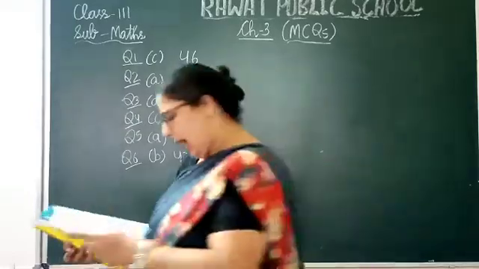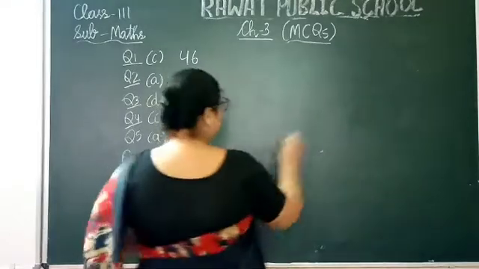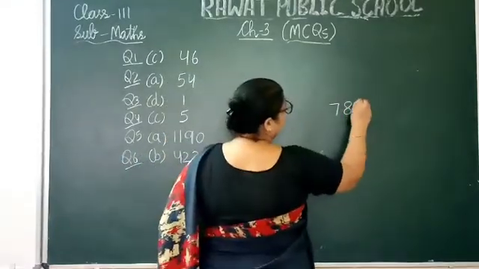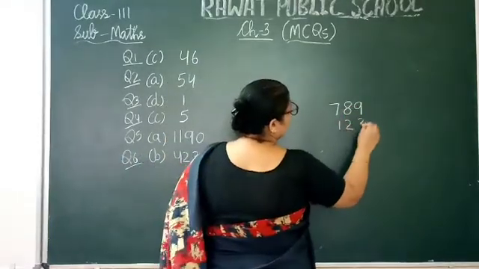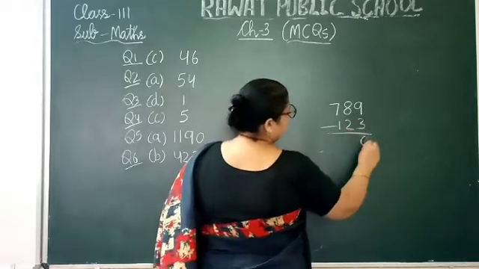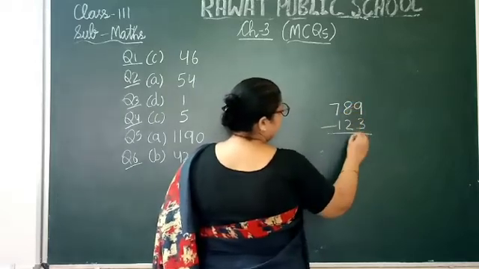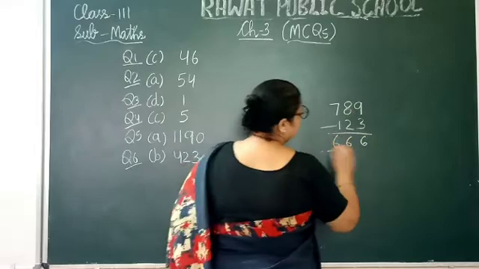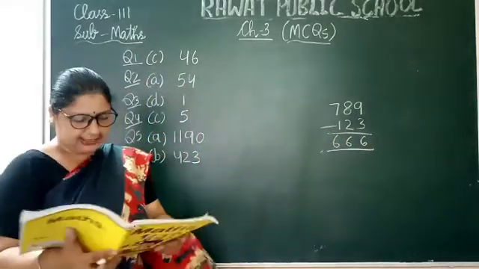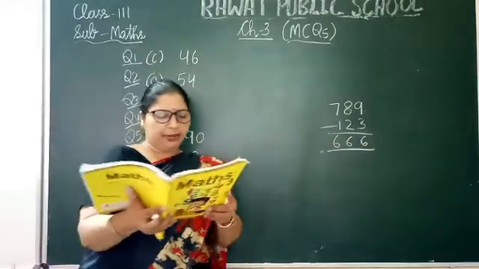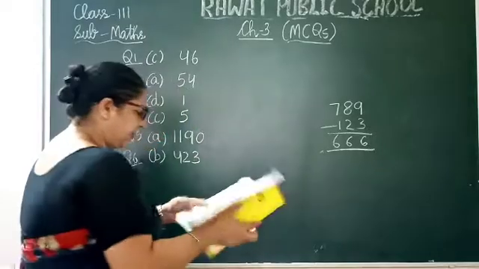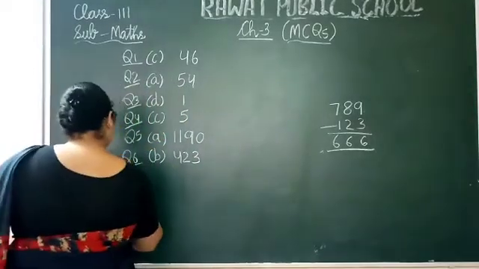What is the answer? So 789 minus 123. 9 minus 3 is 6. 8 minus 2 is 6 and 7 minus 1 is 6. 666. Option number B. Question 7. Option number B, 666.